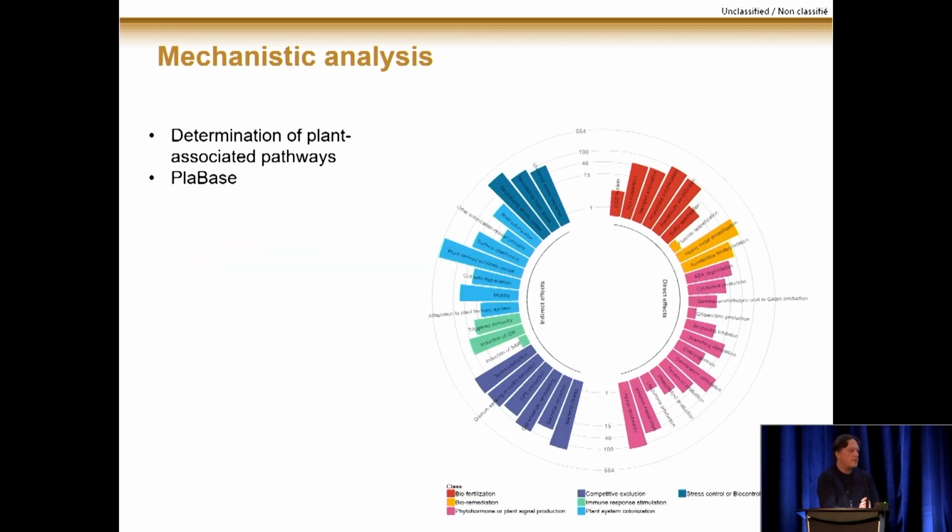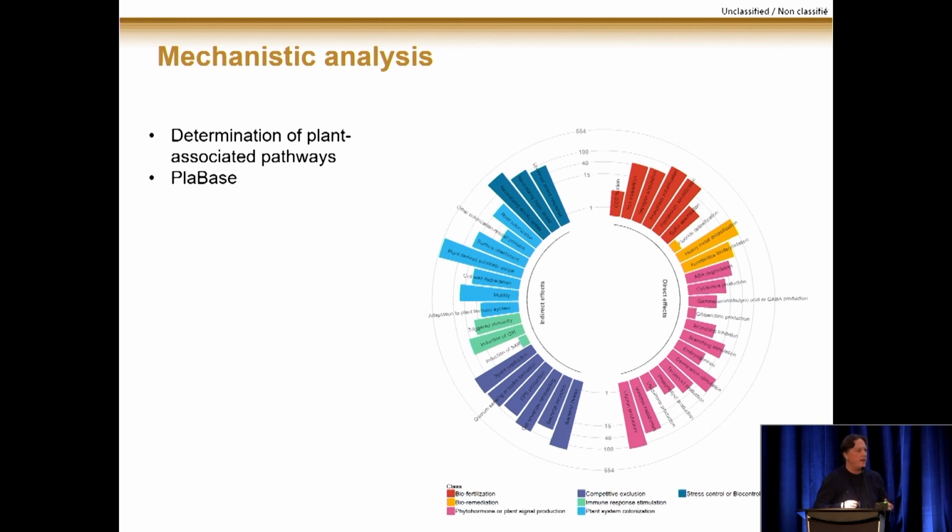And then we also looked at the plant-associated bacterial database to look at genes that are associated with pathways that are part of being plant-associated and inhibiting the growth of pathogens. You probably can't see it very well, but one of the things that stands out here is that there are a lot of pathways associated with the induction of systemic resistance, for example, which is another aspect that we're looking at.